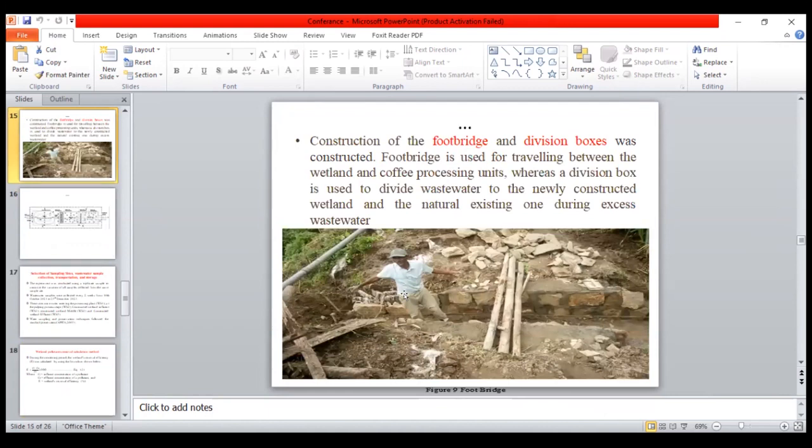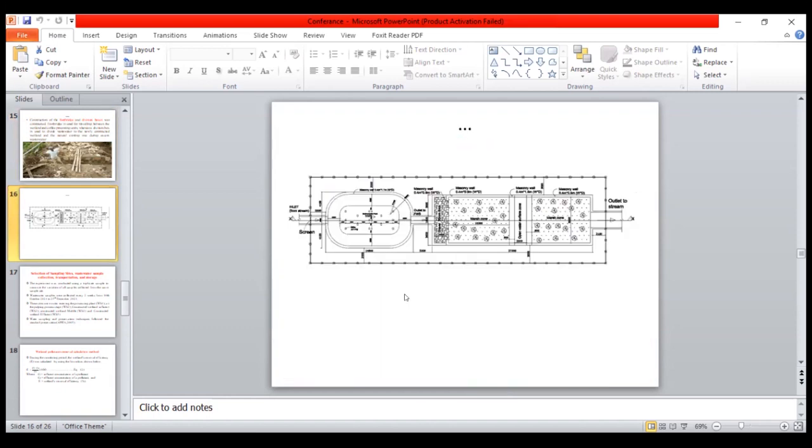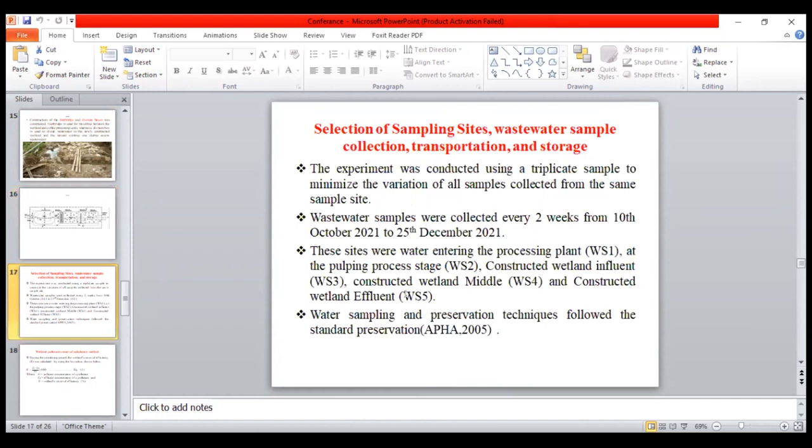And this is the footbridge and the division box, which is used to divide the wastewater that comes from the coffee processing. And this is the general schematic presentation of the wetland.